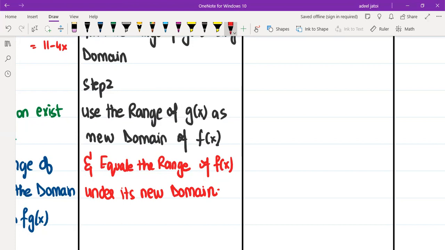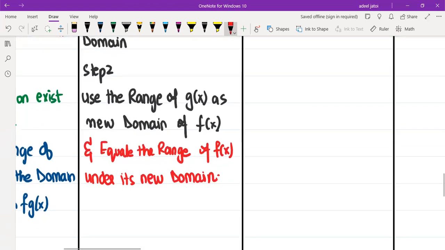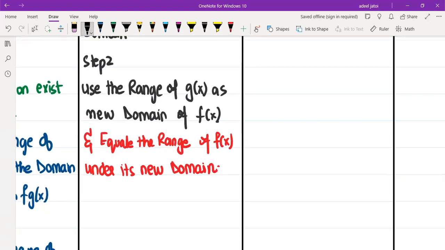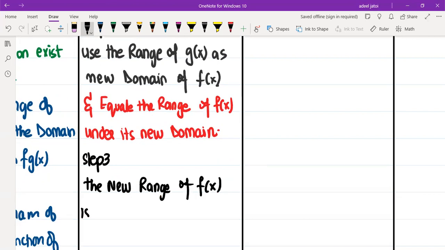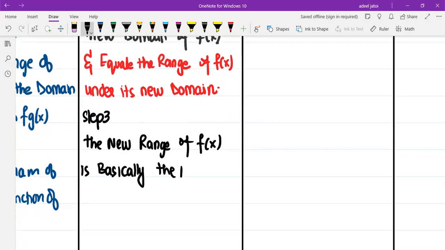The range of f(x). Let's say this is your step 3. The new range of f(x) is basically the range of f(g(x)).